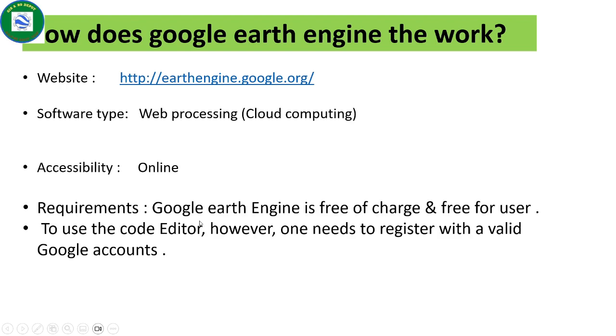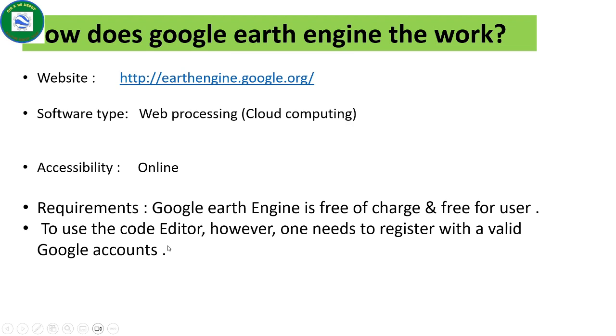First of all, this topic is very important. These two lines. If you want to use the Google Earth Engine code editor, first of all, one needs to register with a valid Google account. That means your institutional Gmail account or personal Gmail account. A confirmation usually comes within 2 to 3 work days.